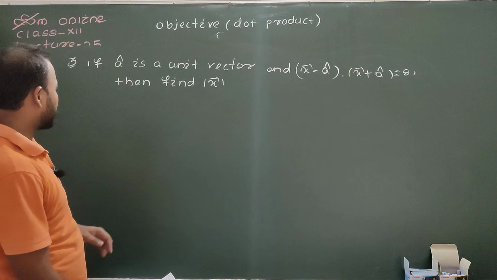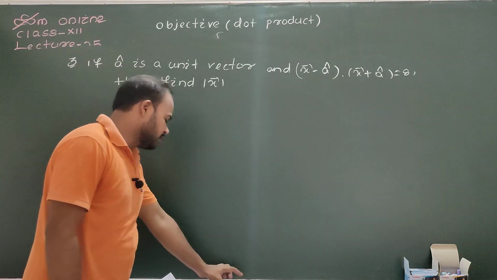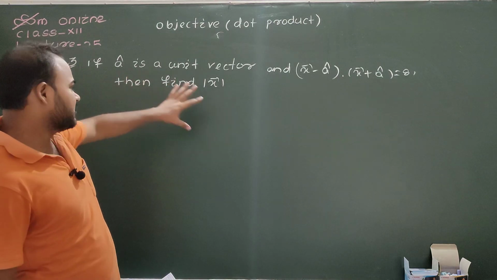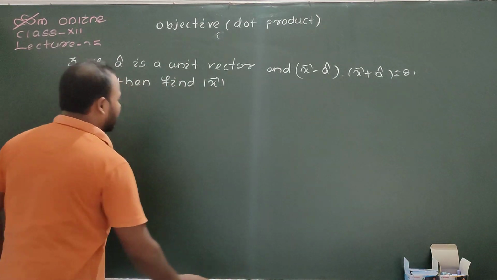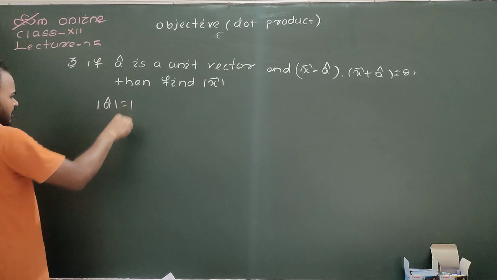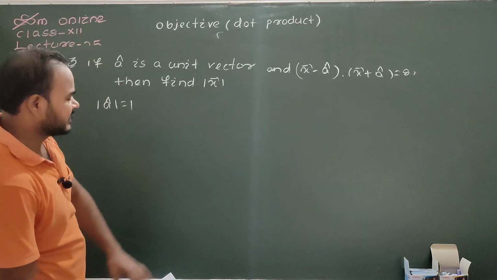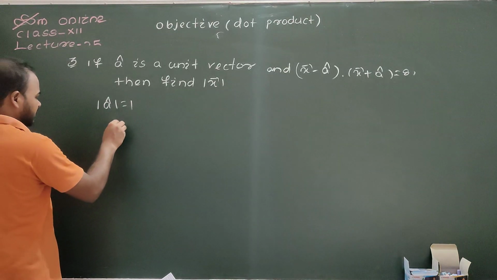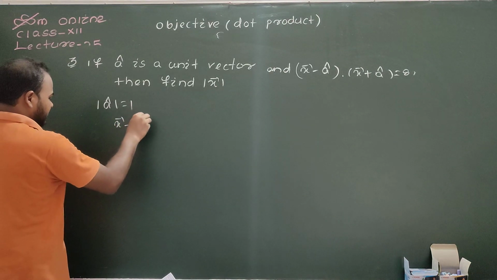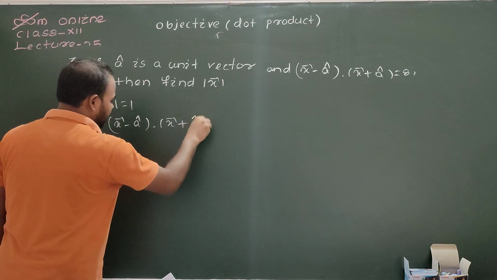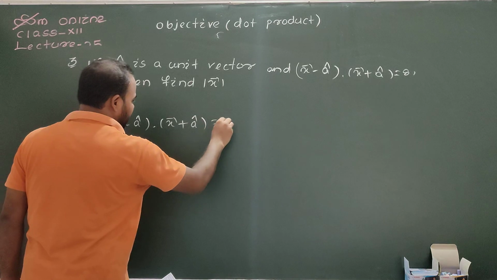This is a question where we have to find the magnitude of vector x, and it is given that a cap is a unit vector. That means the magnitude of a cap equals 1, and (x vector minus a cap) dot (x vector plus a cap) equals 8.